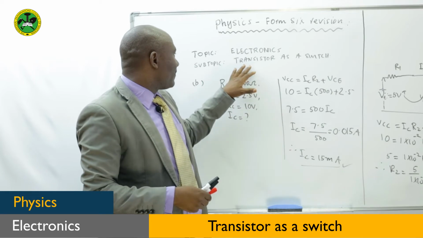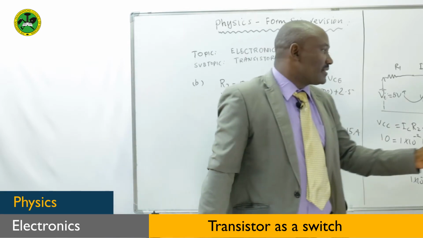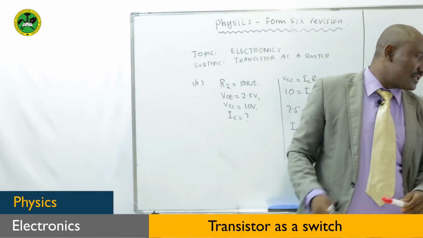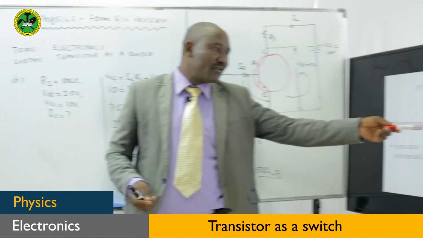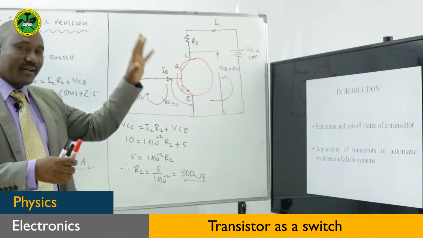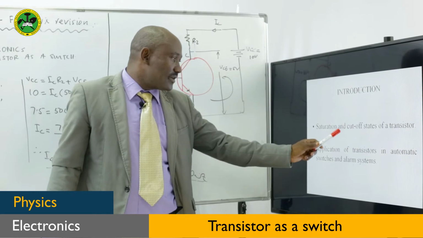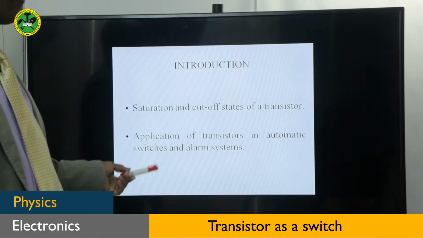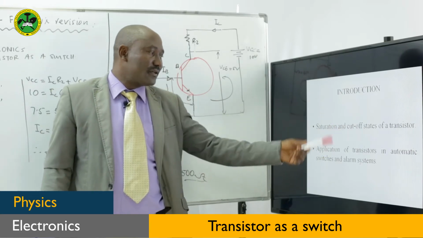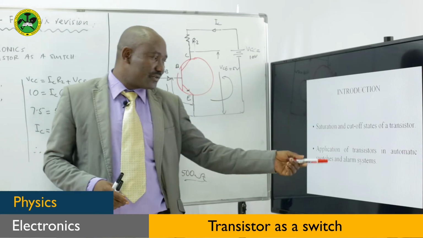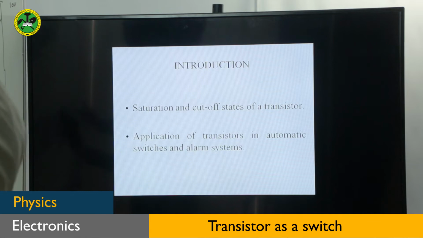But before we talk about the switch, we are supposed to discuss the saturation and the cutoff state of a transistor. After that, we shall see how to use the transistor in automatic switches and alarm systems. So that's our presentation today. Finally, we shall see where we can use this concept in applications of a transistor in automatic switches and alarm systems.